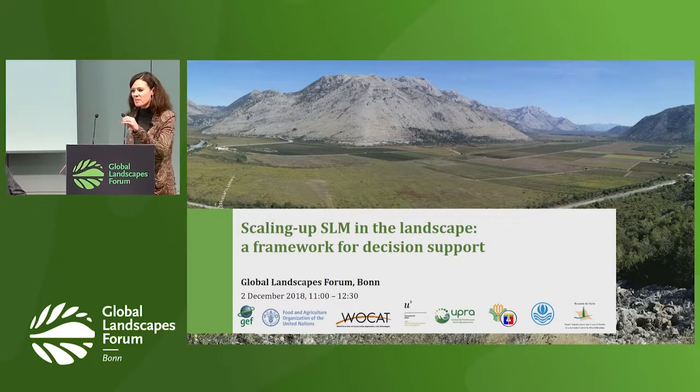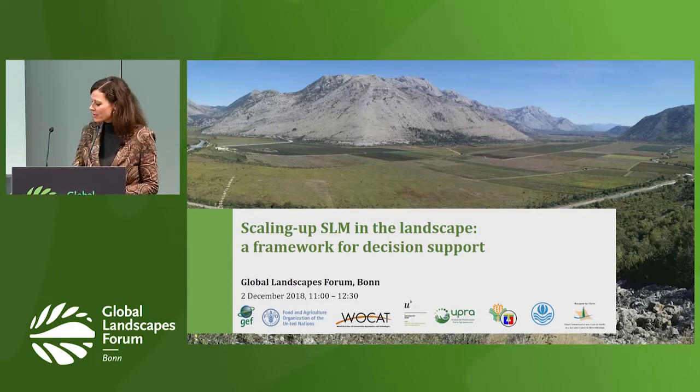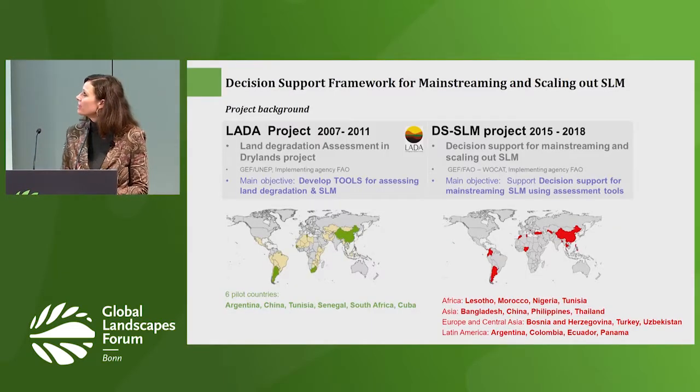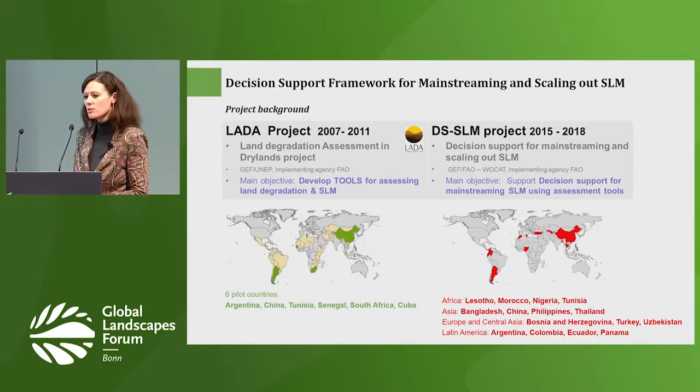So good morning, everybody. Before we move to the concrete country examples, we thought to present to you briefly this decision support framework that Eduardo was just introducing and the modules that have been guiding the countries in the last 3 years.